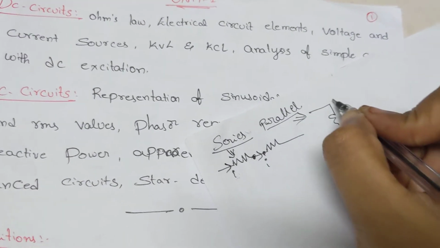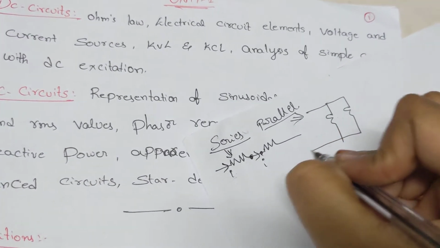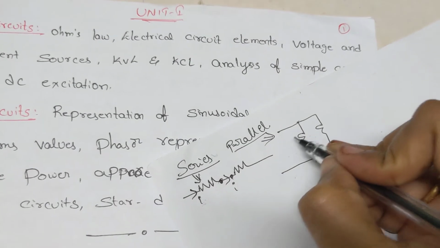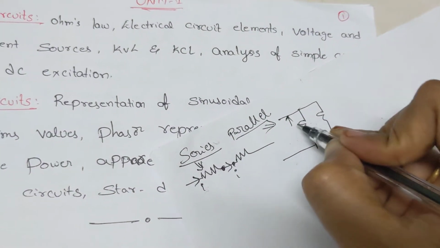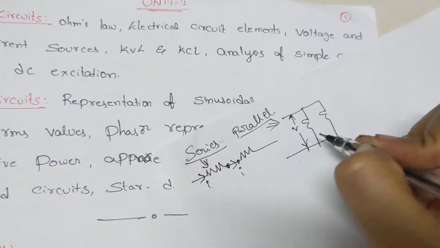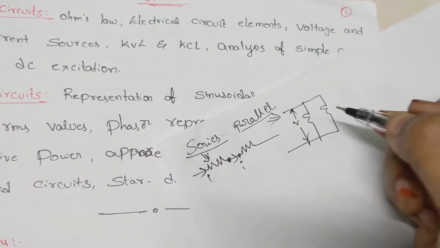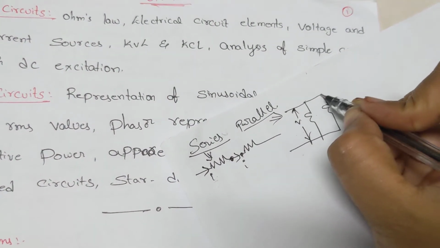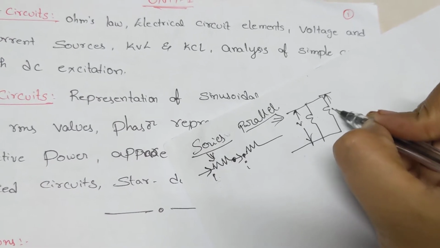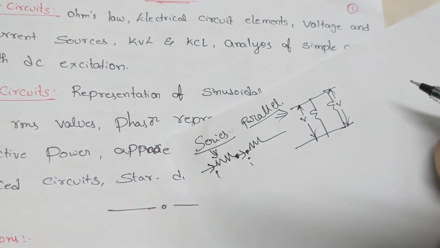Whereas coming to parallel, if the elements are connected in parallel, the voltage across the first element is the same as the voltage across the second element.